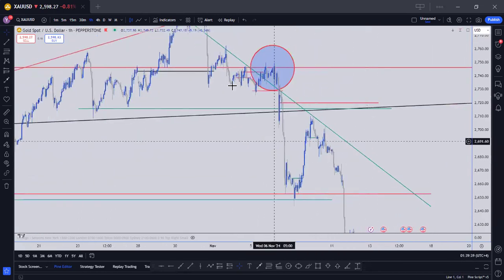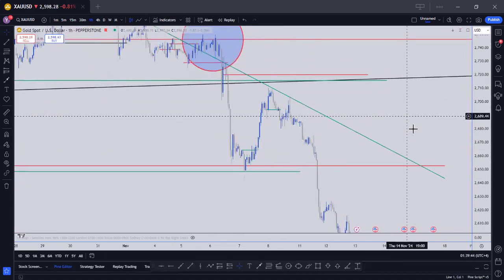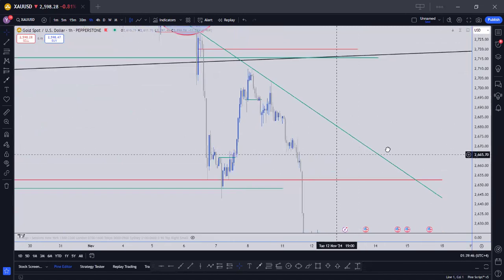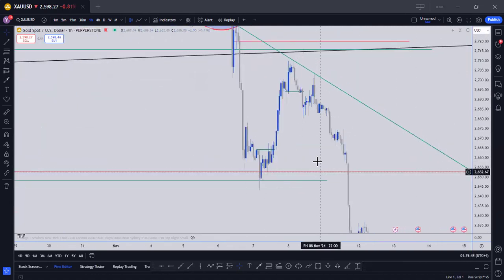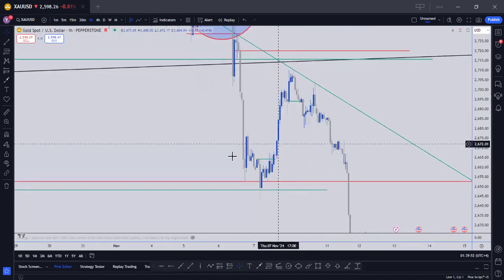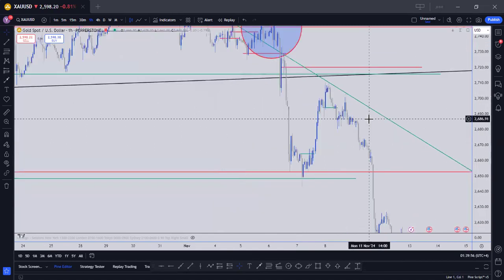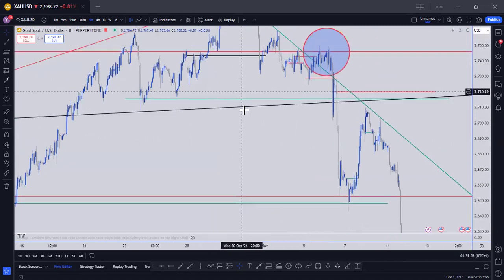So you need to trade in the direction of the higher time frames, all right? And the key here is to be flexible. If you are flexible, it's the key for catching the moves.